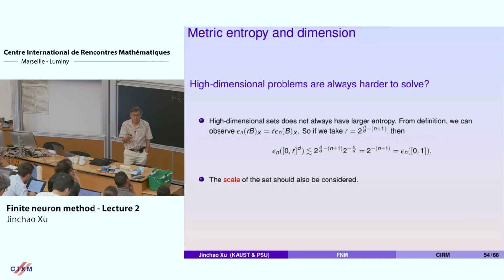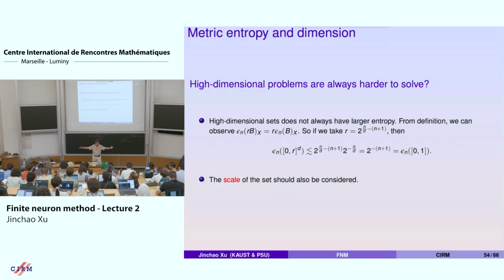Or a unit cube in high dimension is maybe not necessarily more difficult than a large interval in one dimension. I don't know if you get my idea. So it's really the relative size of the set.